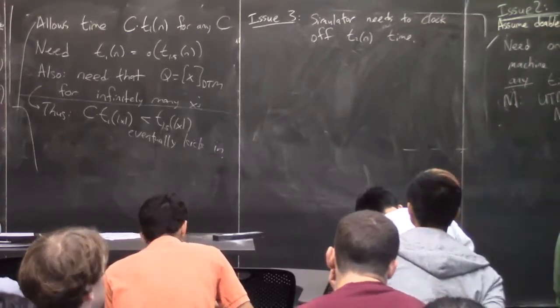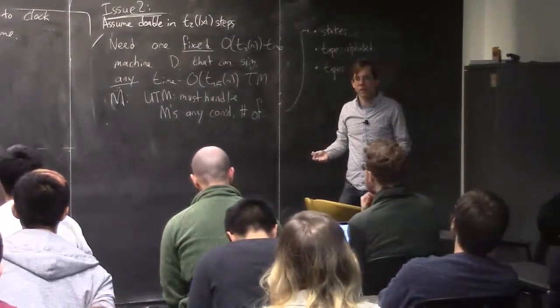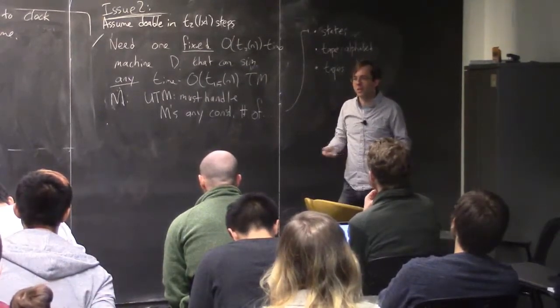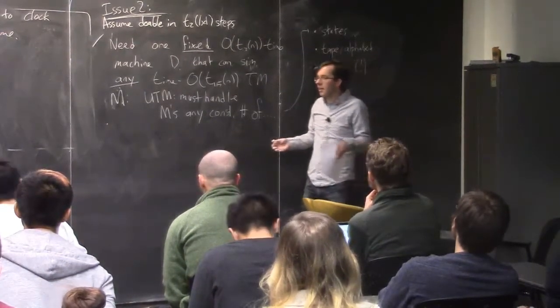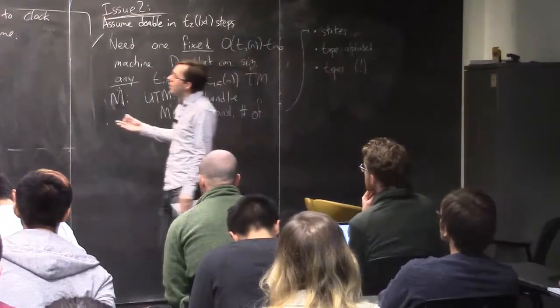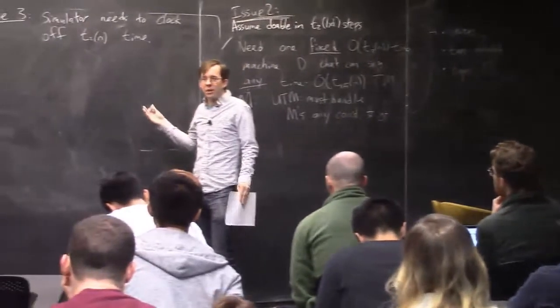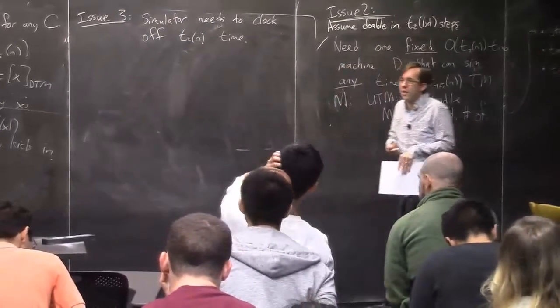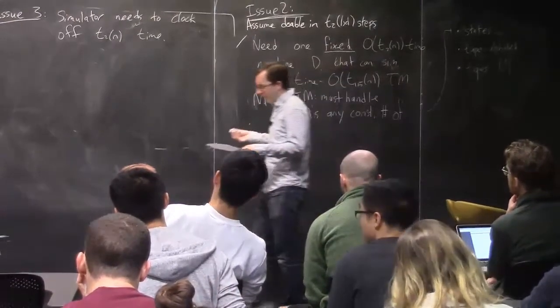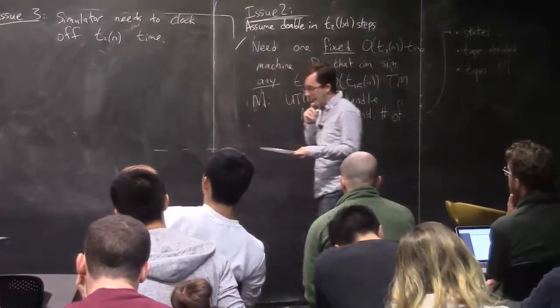So on input string x, it needs to figure out what is t2 of the length of x. Normally that's trivial. If t2 is like n squared, you count the length of x, that's log n bits, you square it, that's easily done. But theoretically, you can't just let t2 be any insane function, because it might be a crazy function that's extremely hard to compute. That's ridiculous, but you just have to treat this as a technicality.